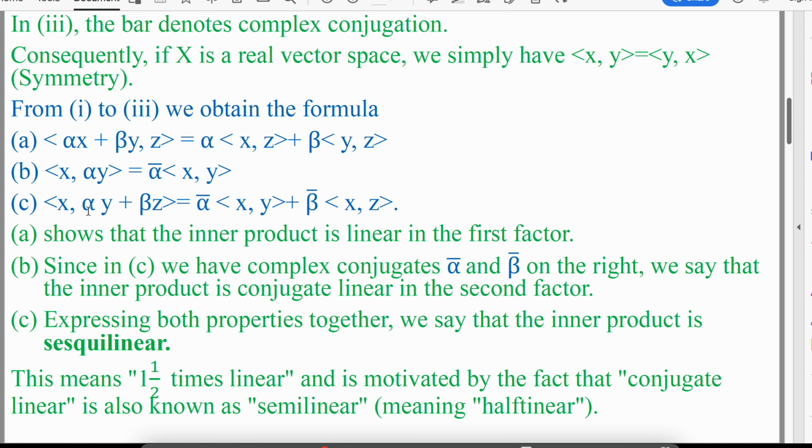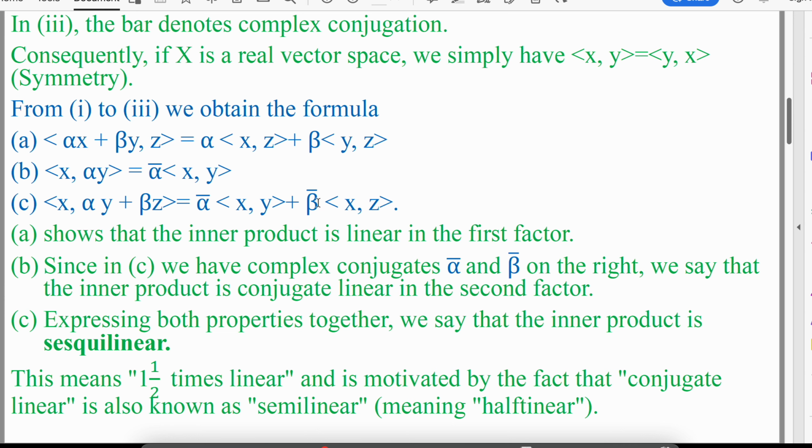Inner product of X with alpha Y plus beta Z is equal to alpha bar inner product of X with Y plus beta bar inner product of X with Z. So this first property shows that the inner product is linear in the first vector.